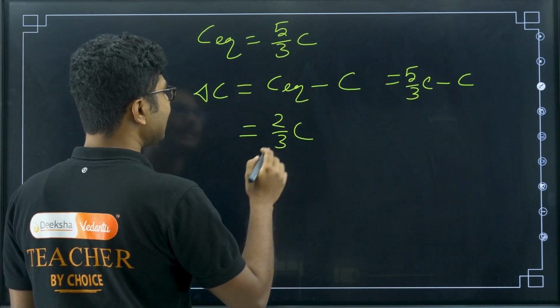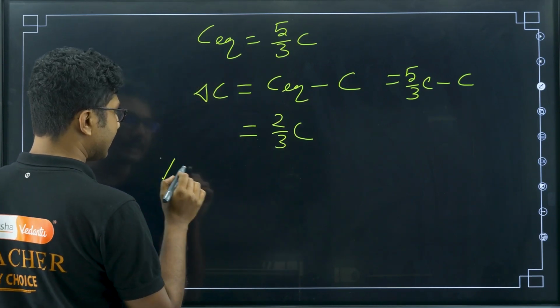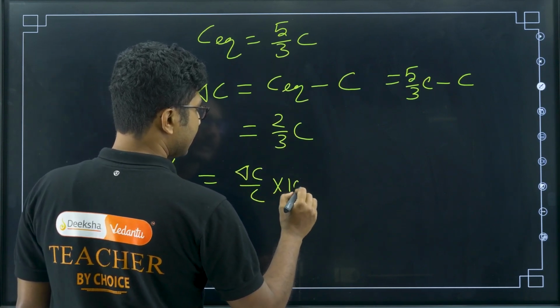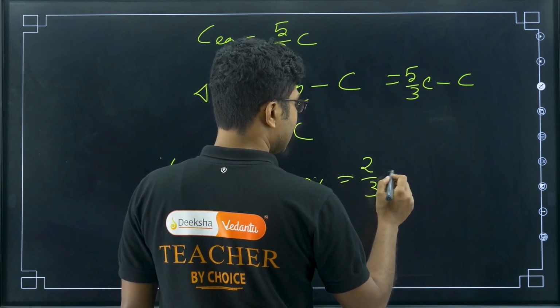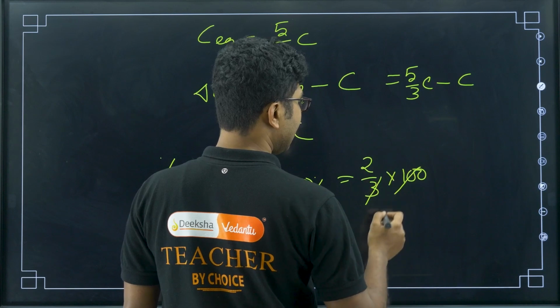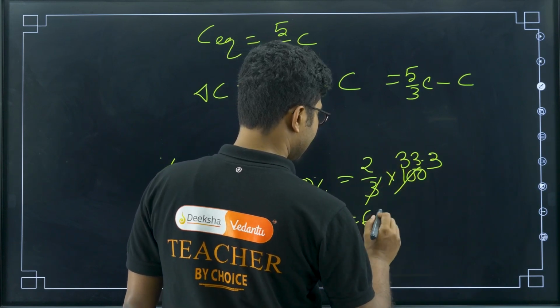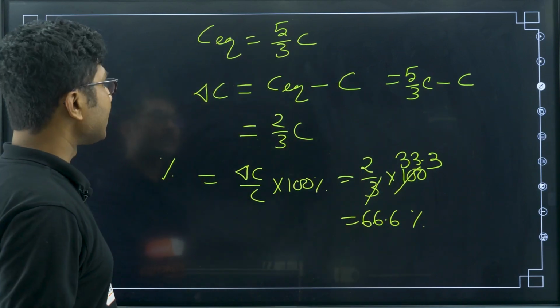Now what is the percentage increase? To find the percentage increase we do delta C by C into 100%, right? So 2 by 3 C will cancel into 100%, so this is basically nothing but 66.6%, right?